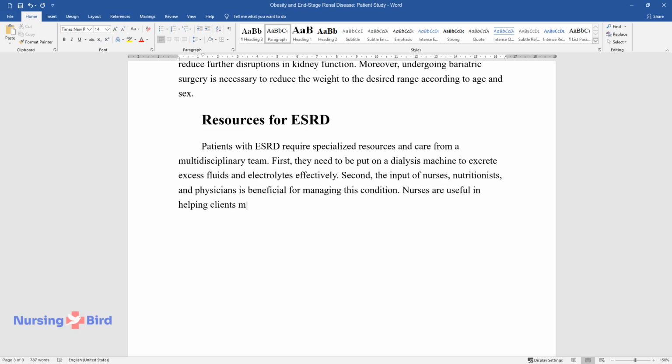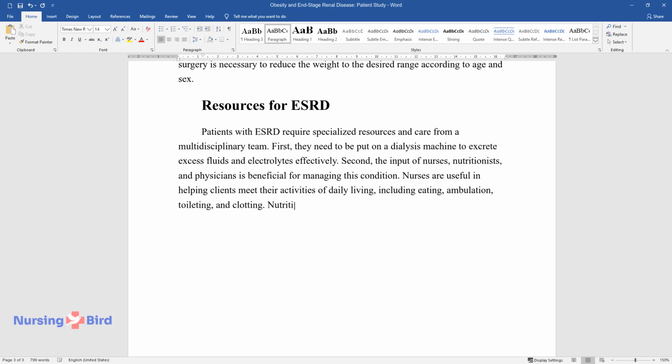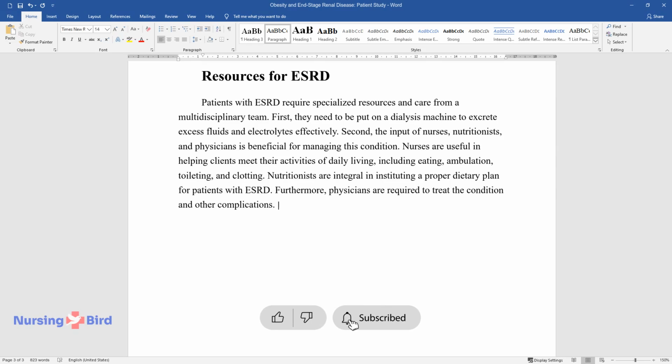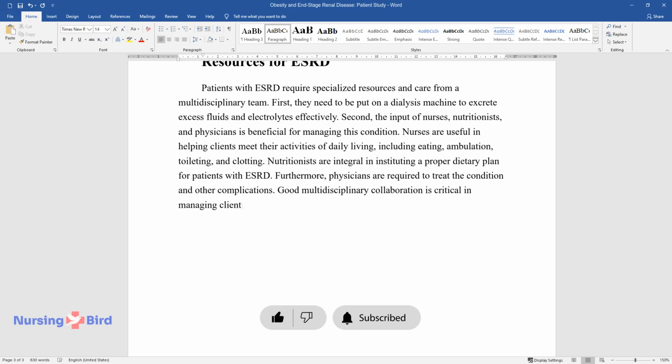Nurses are useful in helping clients meet their activities of daily living, including eating, ambulation, toileting, and clothing. Nutritionists are integral in instituting a proper dietary plan for patients with ESRD. Furthermore, physicians are required to treat the condition and other complications. Good multidisciplinary collaboration is critical in managing clients with ESRD.